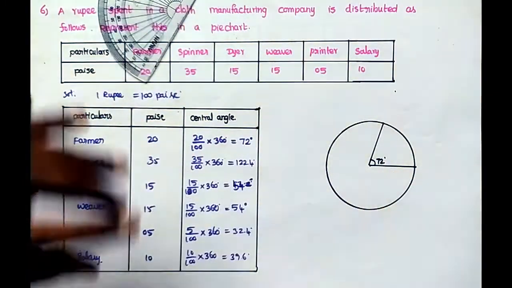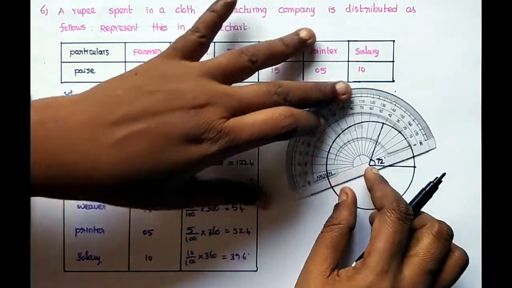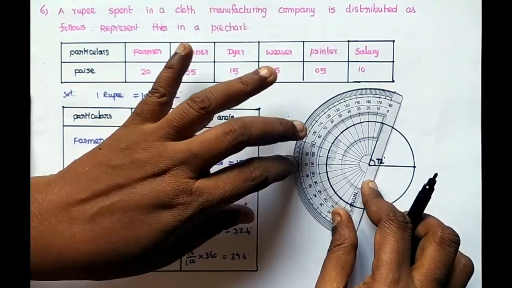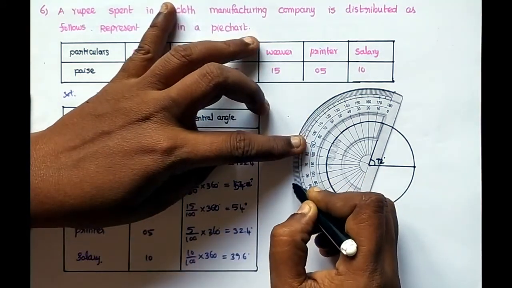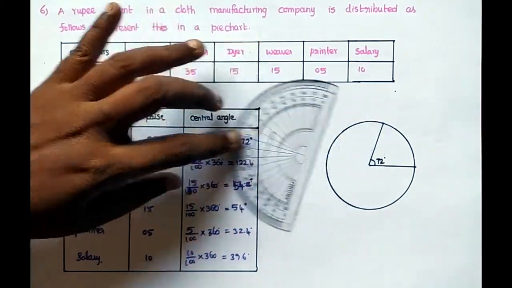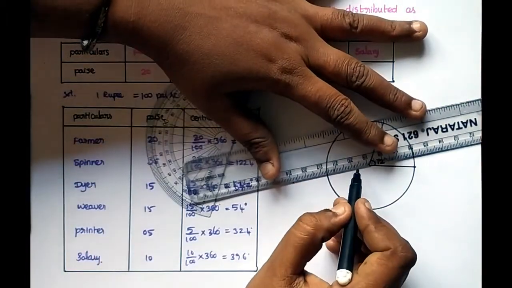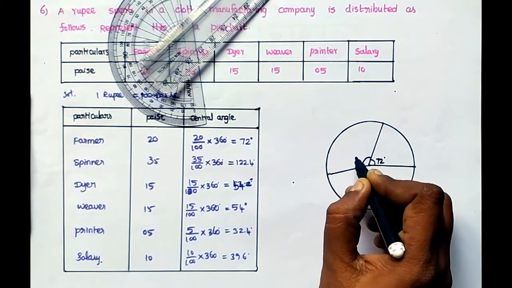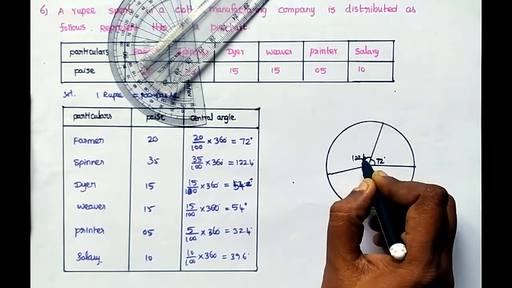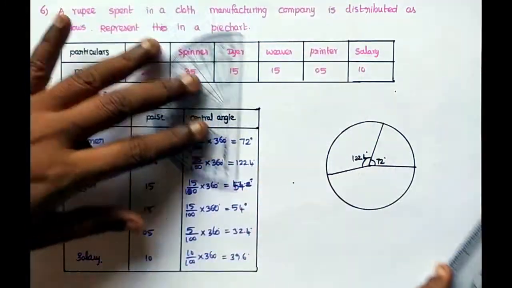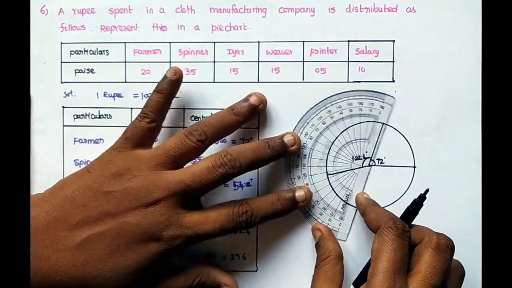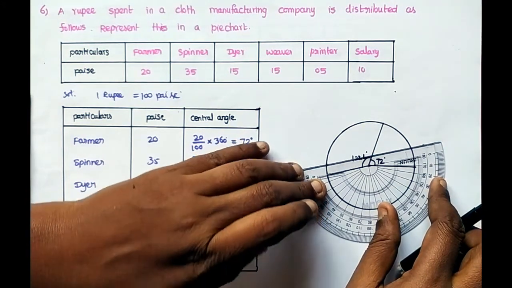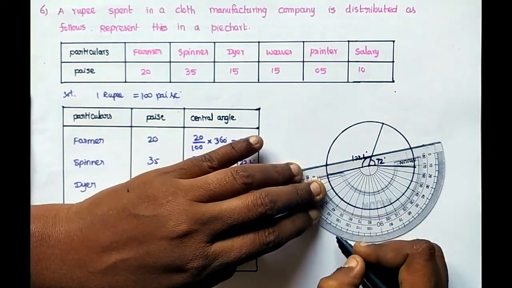Next one, 122.4. From that we have to measure 122.4. Next one, 54 degrees.